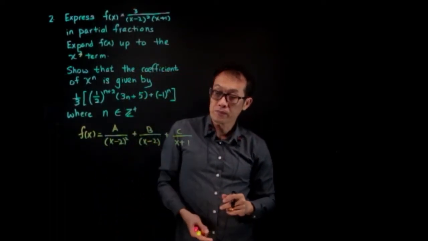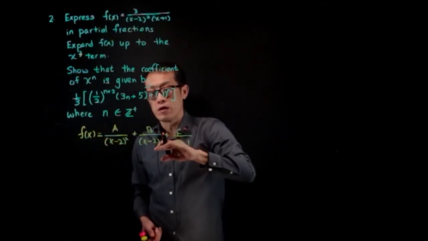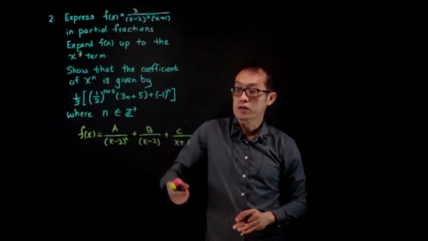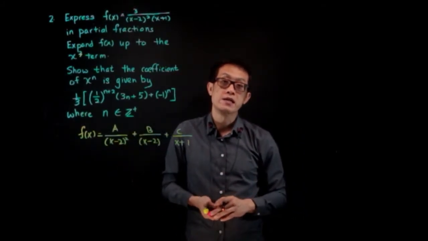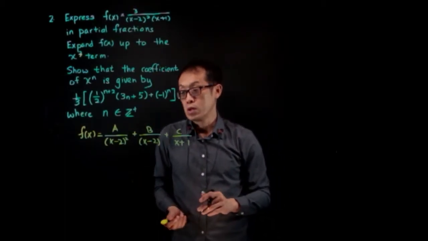Now we can use the cover-up rule to find the values of a and c. But for this exercise, I will just do the normal way like what you have done in Sec 4. I know that some of you may not know the cover-up rule.